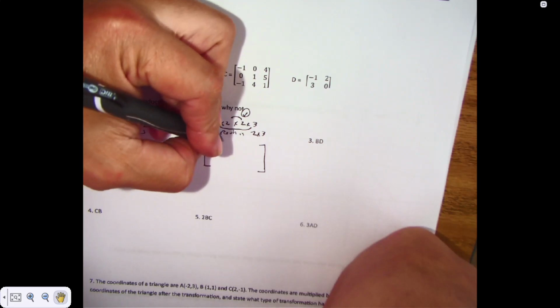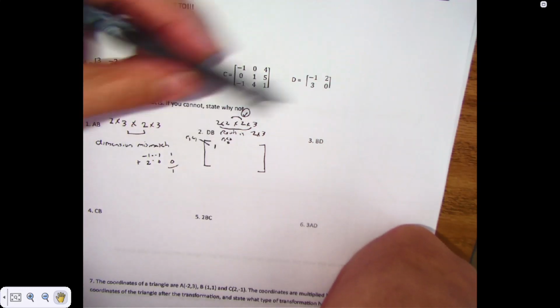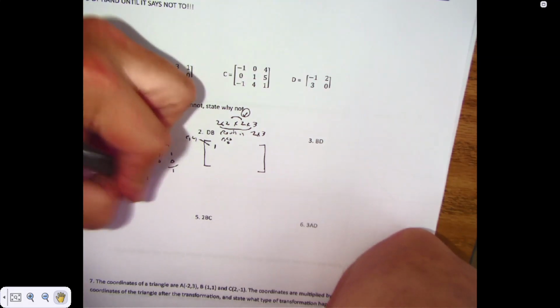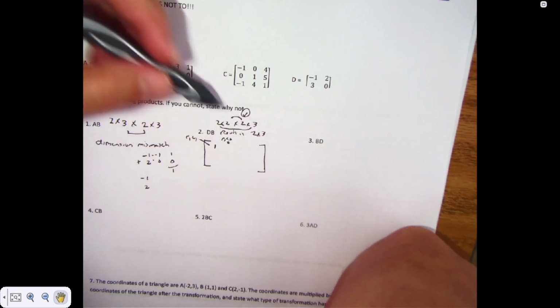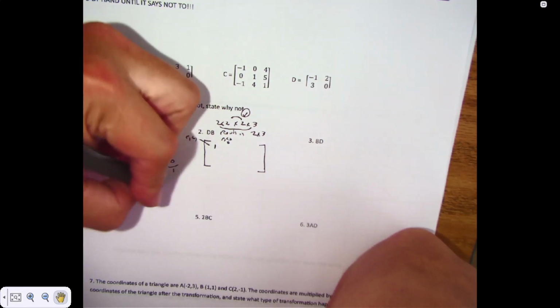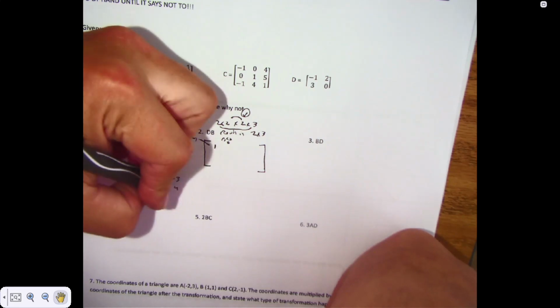Now I am literally looking at row 1, column 2. So I go to D and I grab row 1 again, -1, 2, and then I grab column 2 in B, 3, 2. And I multiply across and I add down.